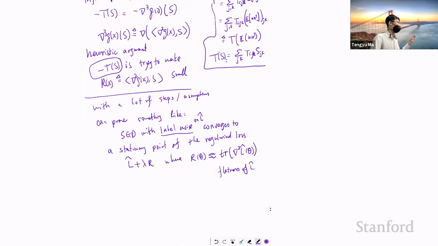I guess there are two views. One view is that you look at it on the regularizer level, where it's currently the second order derivative of the loss. Another view is that you look at the actual iterate space, where it's currently the third order derivative of the loss.